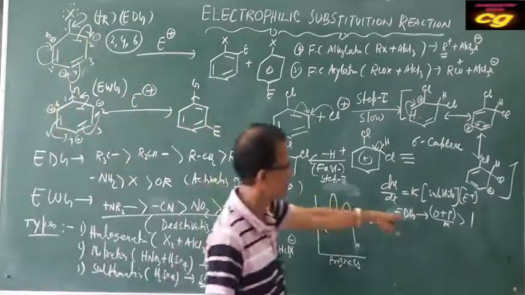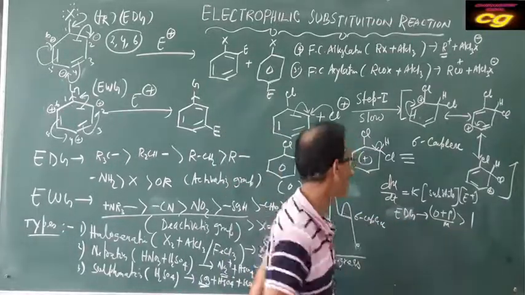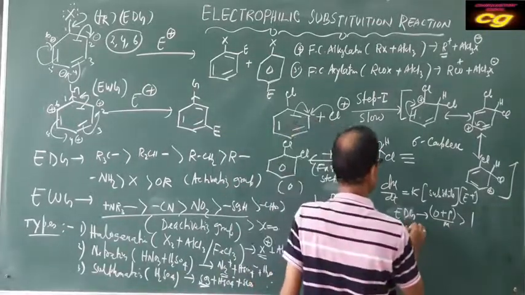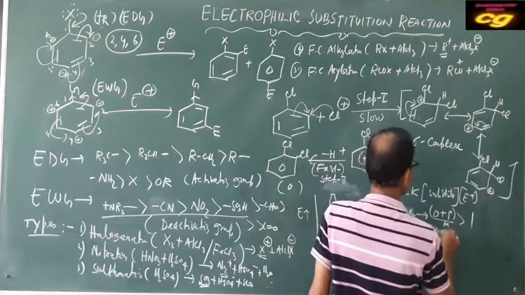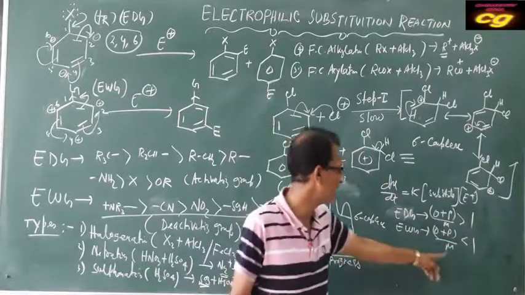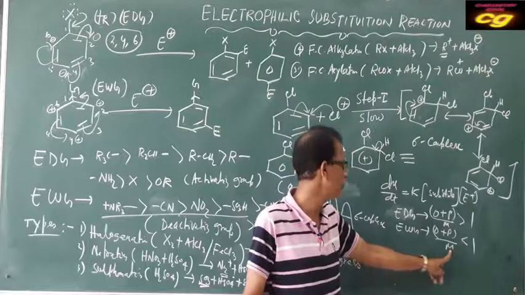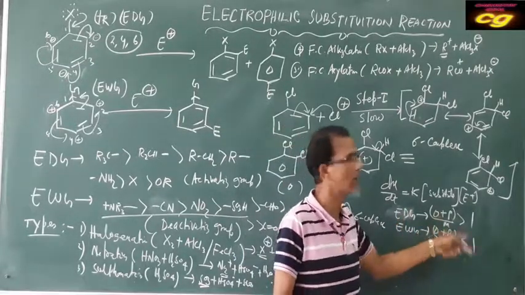But with an electron withdrawing group, the ortho plus para ratio to meta will be less than 1. That means the percentage of meta will be more in the case of an electron withdrawing group, and in the case of an electron donating group, the ortho-para ratio is more.